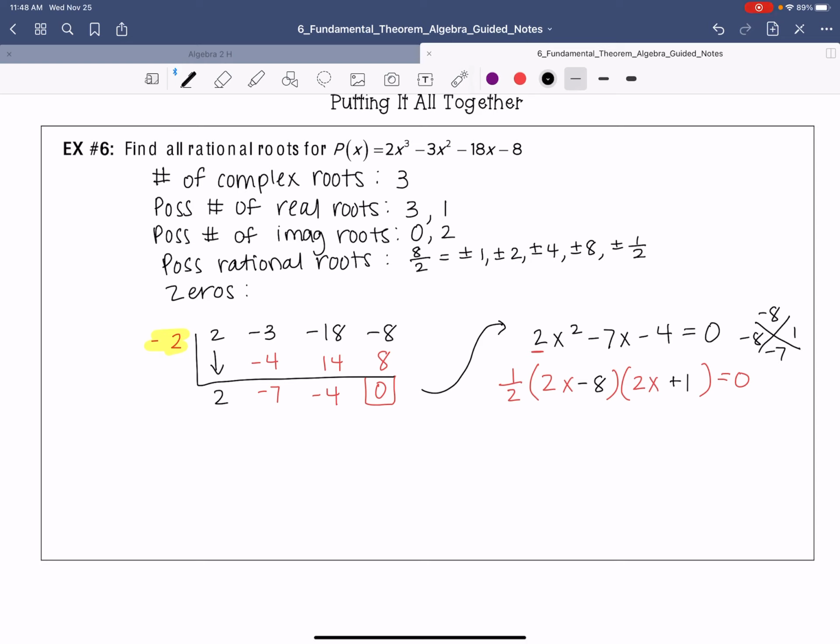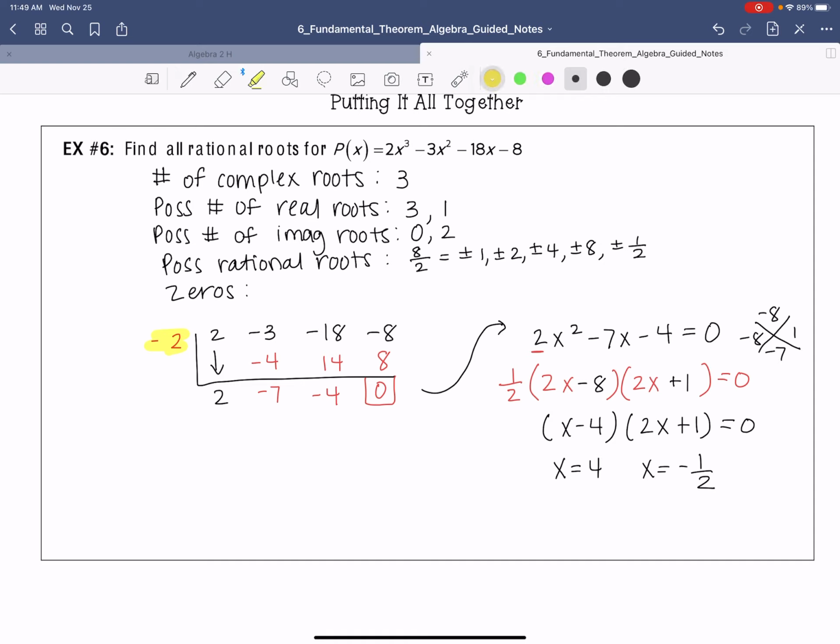One or both of these will simplify. So looking at my first one, I can factor out a 2 out of both of these. And that's why when I factor out that 2, this 1/2 will cancel out. So this is going to give me an x minus 4. And this one does not simplify, so I have 2x plus 1, which equals 0. So I'm going to get x equals 4 and x equals -1/2.